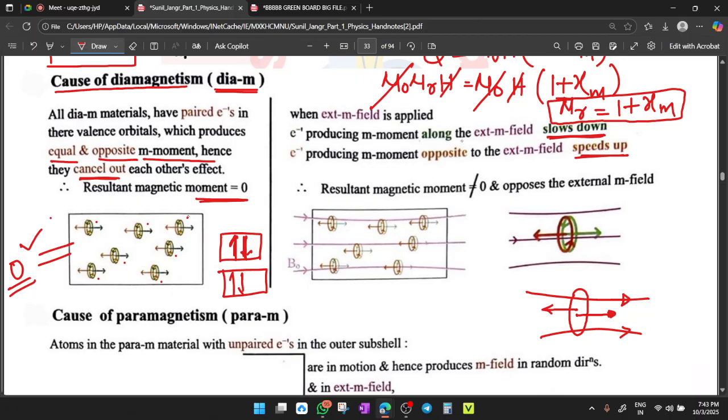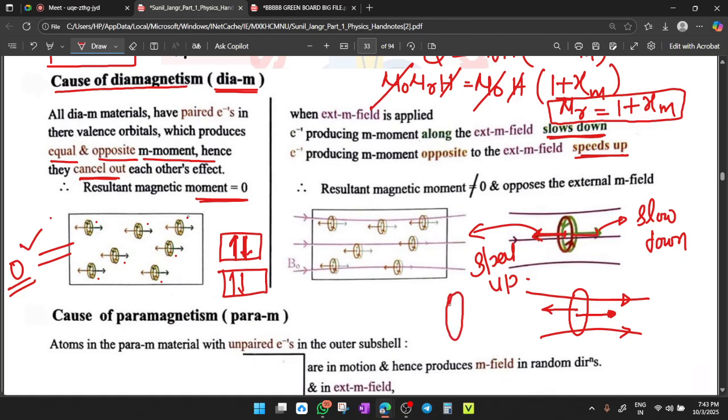Beta, look, the first electron will slow down, so the green one slows down and this will speed up. So the resultant magnetic moment: now see, this vector becomes larger and this vector becomes smaller.